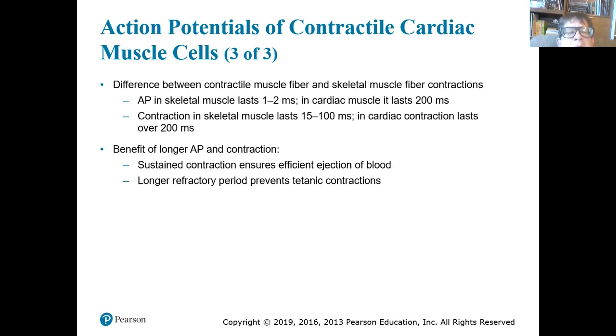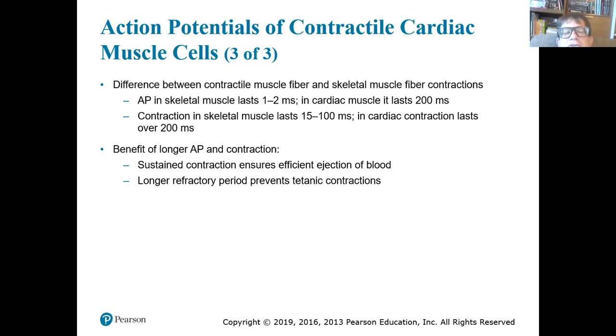But an action potential in skeletal muscle will last 1 or 2 milliseconds. In cardiac, it could last 200 milliseconds. The contraction of a skeletal muscle will be 15 to 100 milliseconds. In the heart, it'll be over 200 milliseconds.